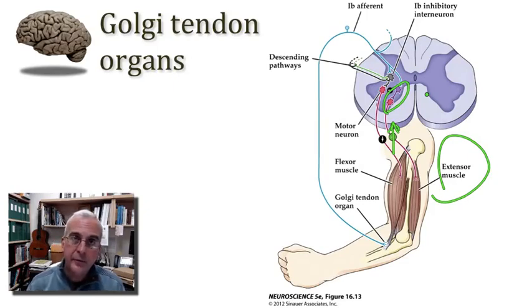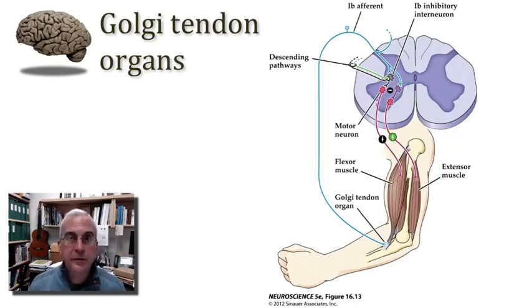However, in one case, we have a sign-inverting interneuron, that is, an inhibitory interneuron that takes the excitation coming through the sensory arc and turns it into an inhibitory signal that suppresses the motor output. On the other side, on the extensor side, we have an excitatory interneuron that conserves the sign of the sensory signal. That is, excitations coming in from the Golgi tendon organ, and that serves to increase the output of the extensor motor neuron.